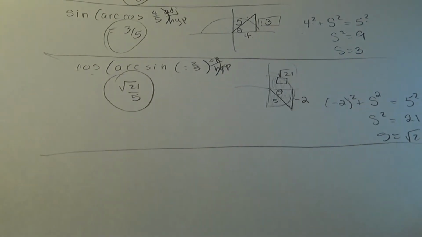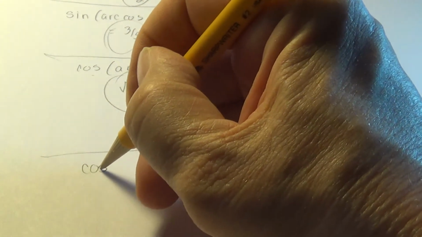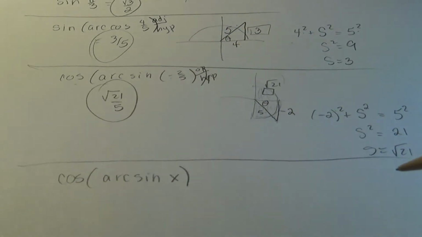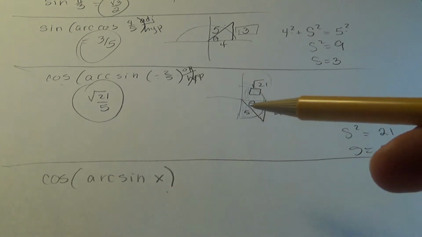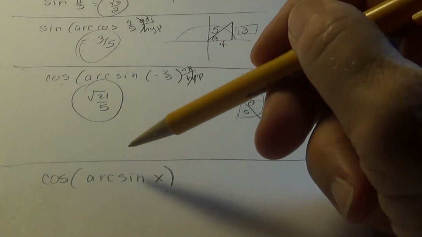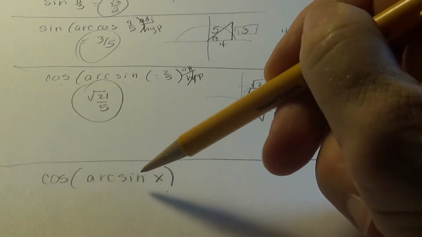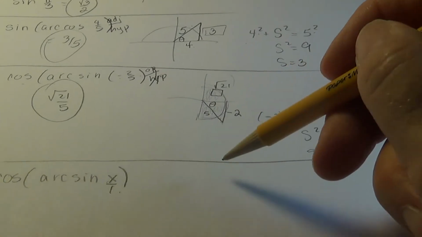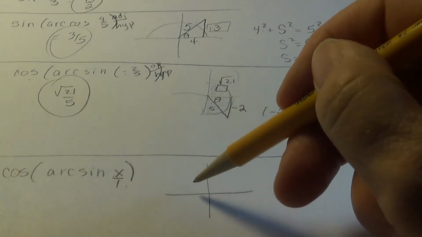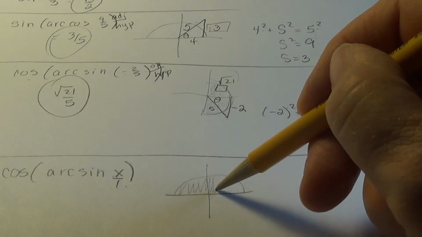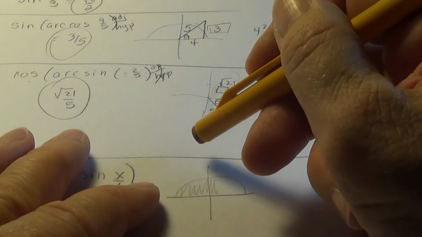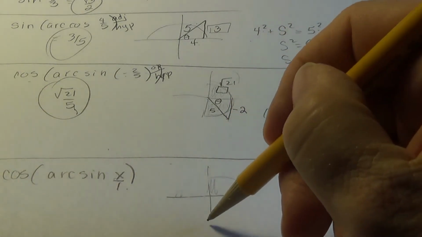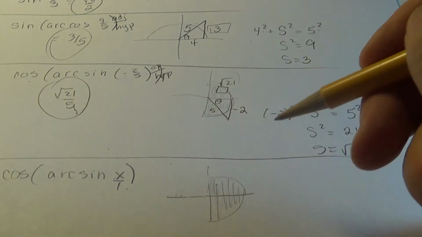Let's look at one more of these, adding a complication: cosine of the arc sine of x. Here I didn't put a number at all, so I have to draw a triangle that has a sine of x. I need an opposite over hypotenuse, so I'll call that x over 1. Arc sine is going to be in the first or the fourth quadrant.